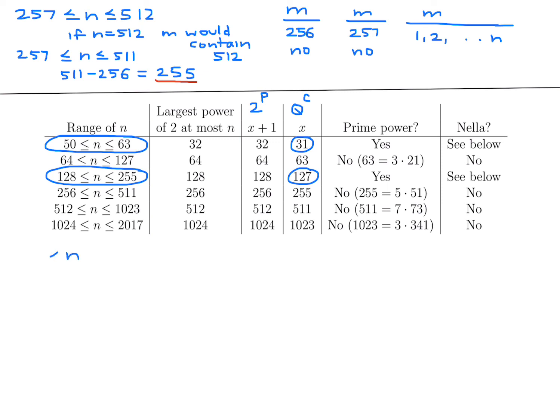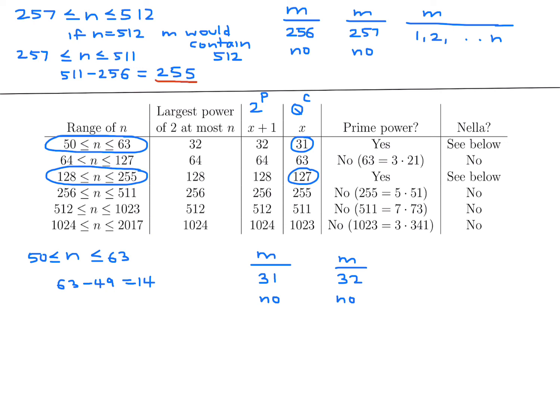Looking at the first range, n is between 50 and 63. Okay, well, first of all, how many numbers are there? 63 minus 49, that's 14. Okay, now are all of these valid? Well, in order for them to be valid, m divided by x, which is 31, and m divided by 32, some m.